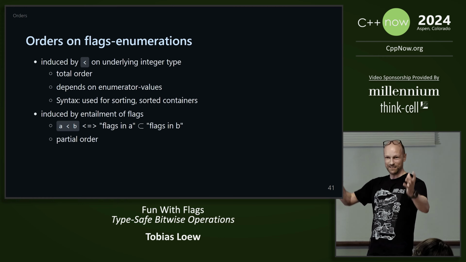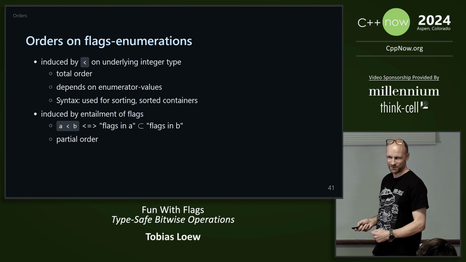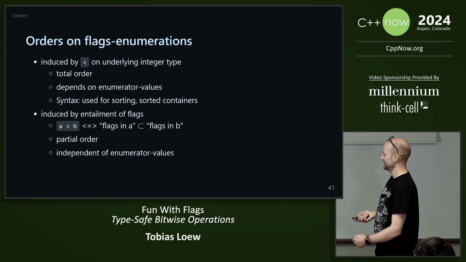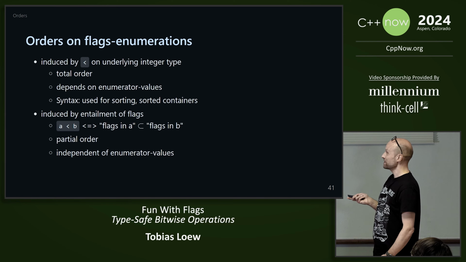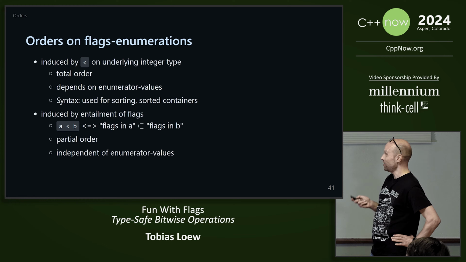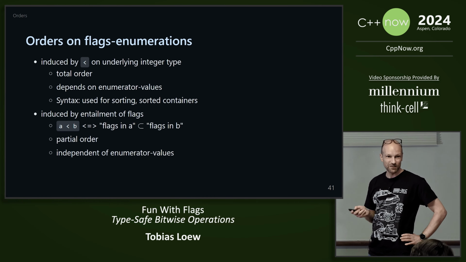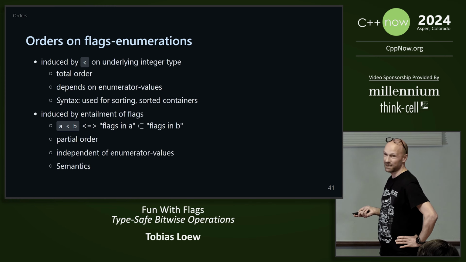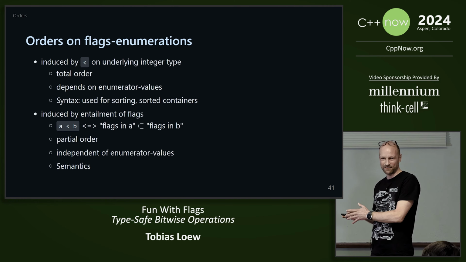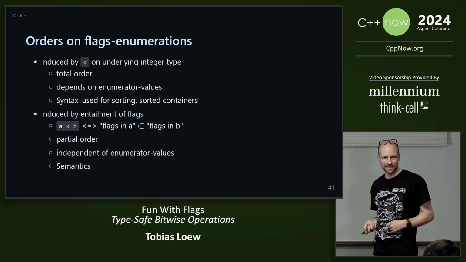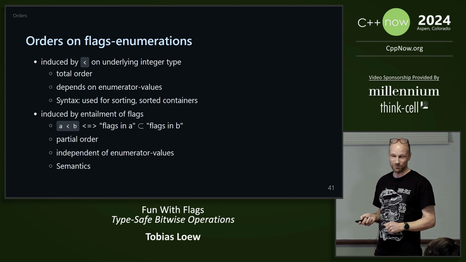It's like a multidimensional cube you put onto one edge. But the good thing, this order is independent of the enumerator values because it only looks at which flags are set and not at the values. And this is semantics for your flag sets. This is what you think in your head, but you mostly don't use in your program.